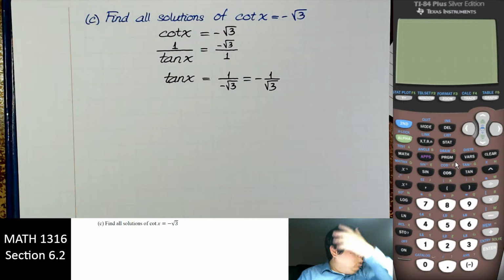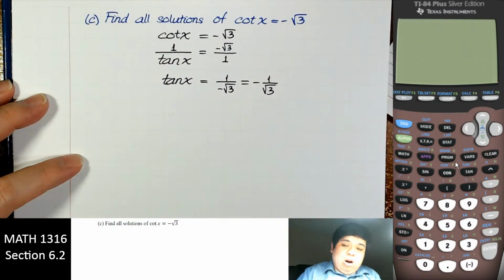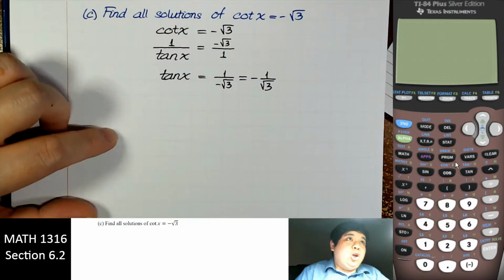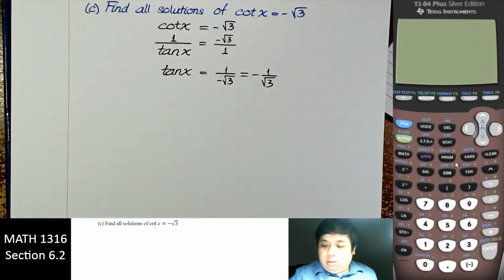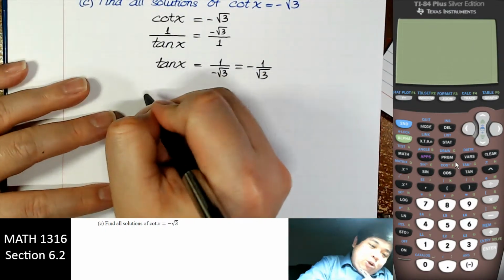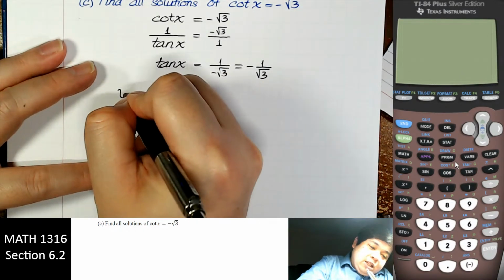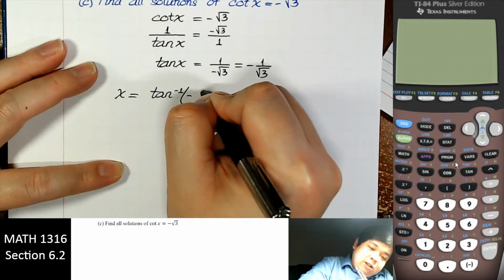Right. We have to do this when we have secant, 1 over cosine, or cosecant, 1 over sine. Cotangent is 1 over tangent. So we have to flip, use the reciprocal function, so that we have sine, cosine, or tangent equal to something. Right. For tangent, remember there's only one solution, which is x equal to tangent inverse of that.